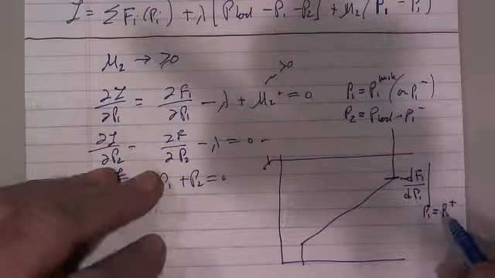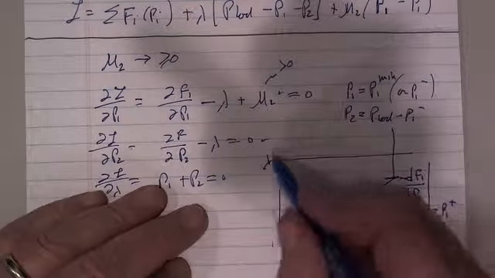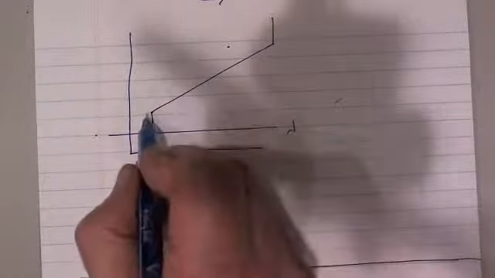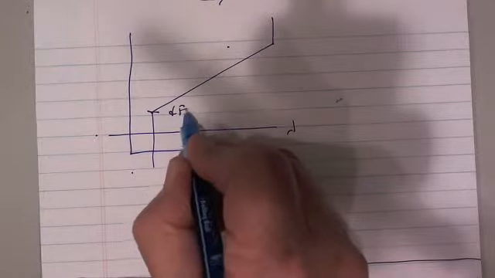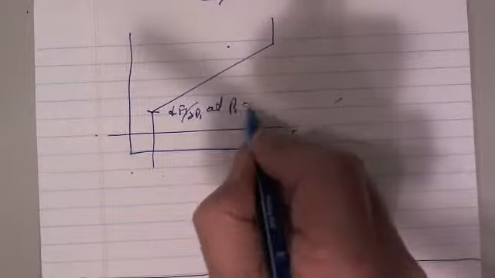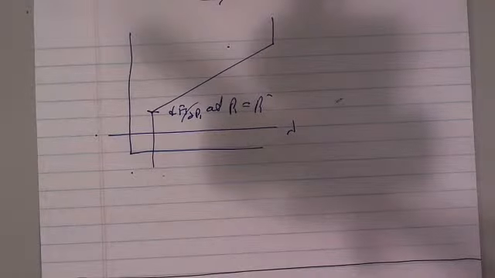I'm sorry, I drew that wrong. I just told you that we were going to deal with it as a min. Here's lambda. Here's dF1/dP1 at P1 equal P1 min.